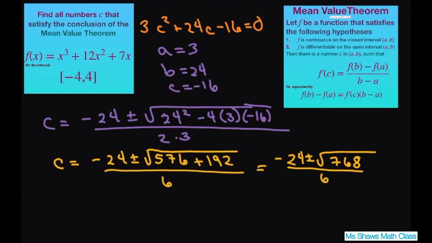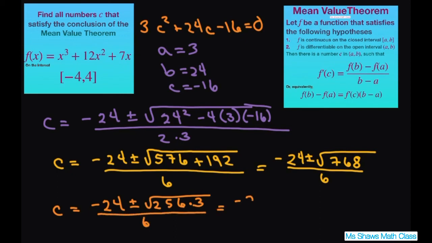Now, 768 can be split up, let me write this out, as 256 times 3 divided by 6. So we get negative 24 plus or minus the square root of 256, which is 16.